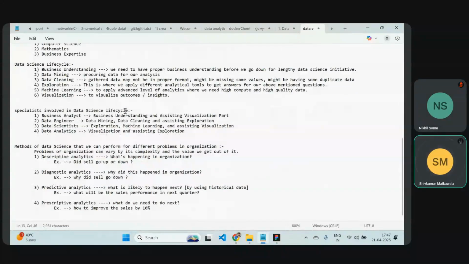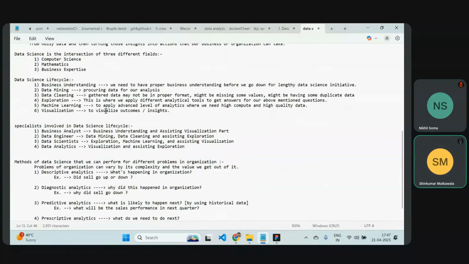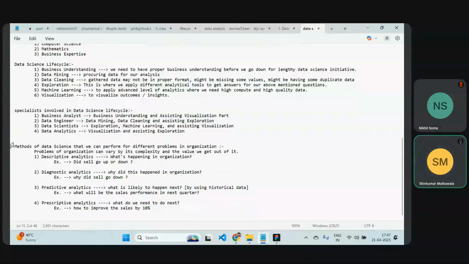Now let's talk about, as I said guys, the different types of data available out there, and we will be talking about that data. But what are the methods? Let's understand what the different methods of data science are that we can perform for different problems in an organization. We are going to study the data because we want to improve our business.